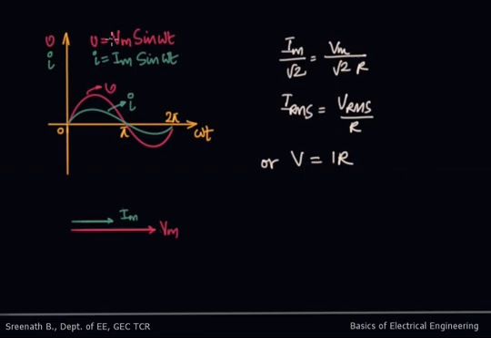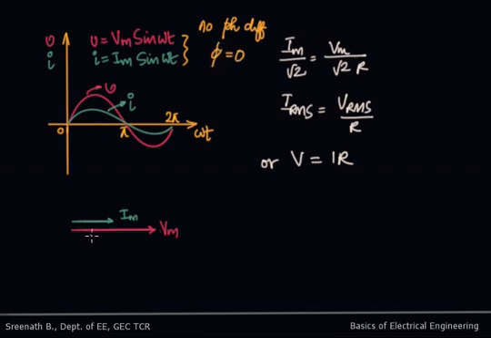Now V is Vm sin omega t and you are getting I as Im sin omega t. So from these two waveforms or equations you can understand that these two signals have no phase difference, or they are in phase. So this is V and this is I. So they are in phase and they have no phase difference, or your phi is 0.